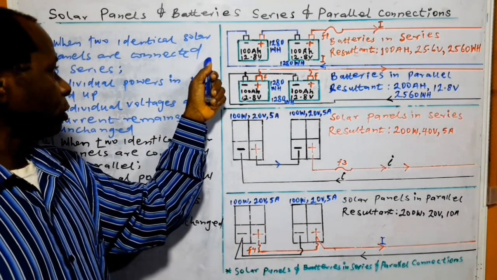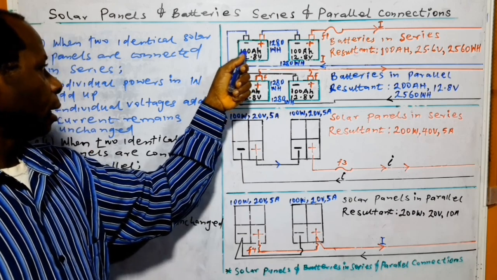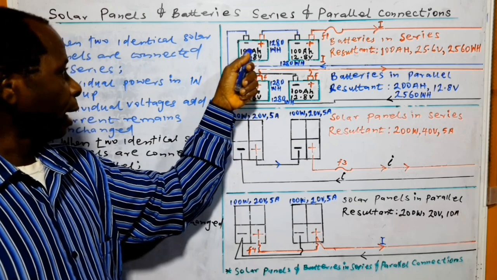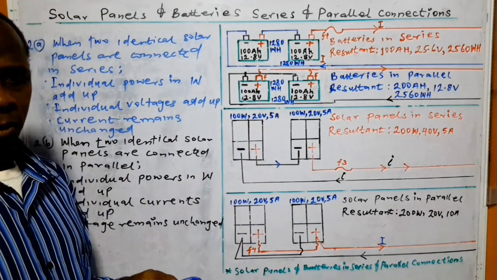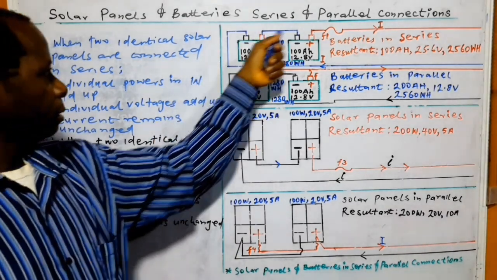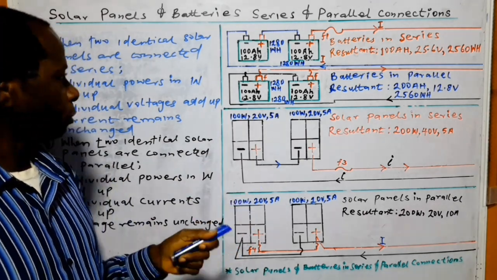So you multiply the C rating with the capacity in ampere hour, and you get the value of the current. That is the maximum current that the system can take, or that the battery can give out.